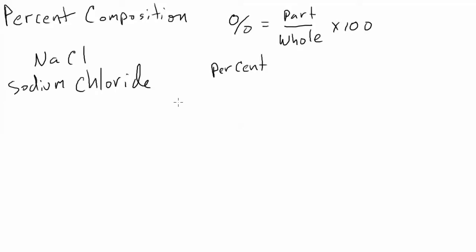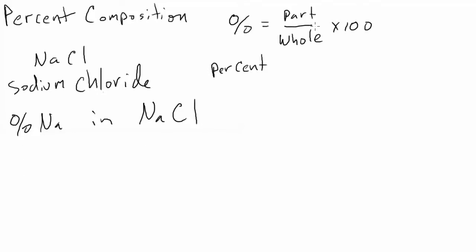So let's say I wanted to know what percentage of sodium chloride was sodium. So I want to find the percentage sodium in sodium chloride. Basically, whenever you have sodium chloride, what percent by mass of that is sodium?